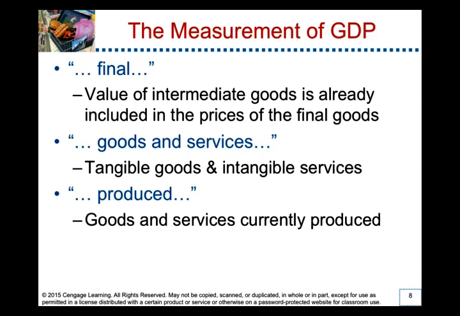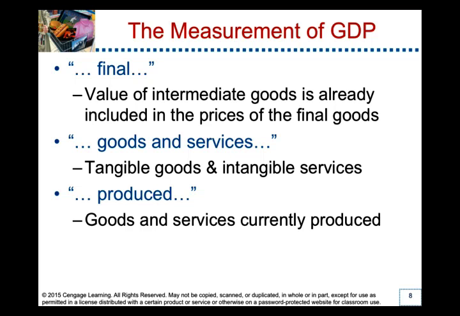Then another important point in the GDP is the final. What do you mean by the final? Well, when you calculate the GDP, there could be different kinds of products. Some products are primary products, some products will be intermediate goods, and some products will be final goods. Let me provide you an example.